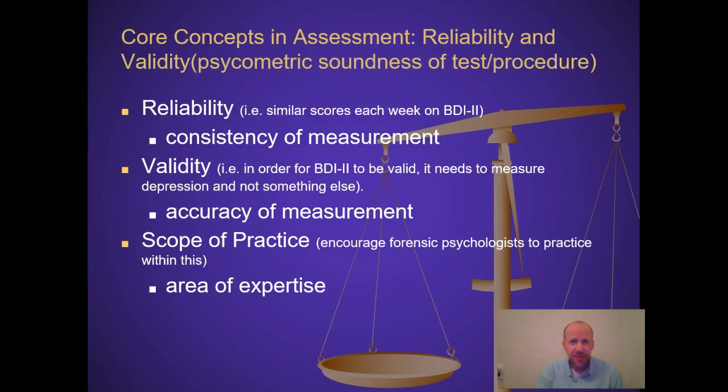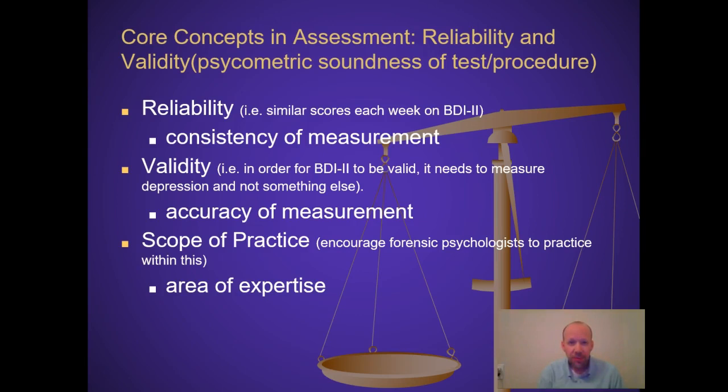So the core concepts in assessment are reliability and validity, and psychometric soundness of tests and procedures. Reliability, as it says there, is consistency of the measurement. Does the test consistently measure what it's supposed to measure, or give a score that's similar? It says similar scores each week on the BDI-2.